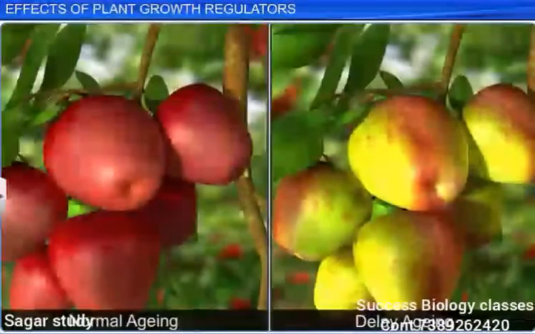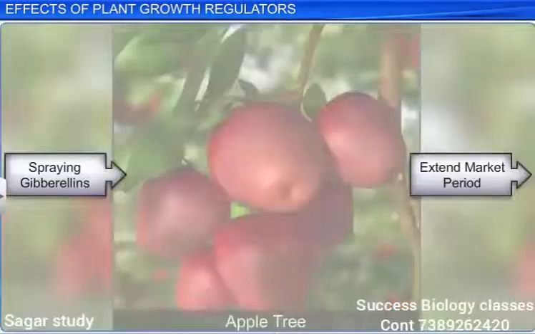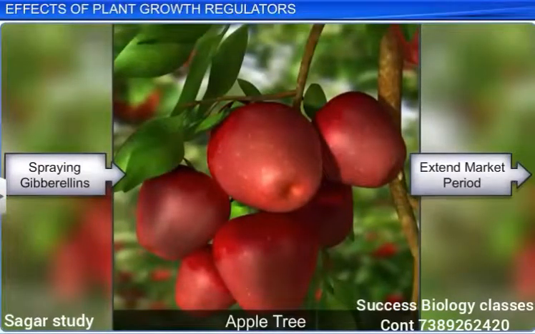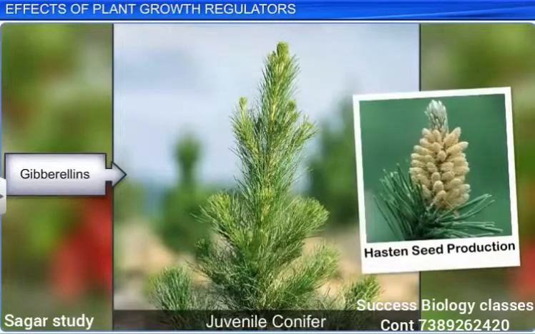They delay senescence or aging of fruit, and are hence used commercially to extend the market period by retaining fruit on trees longer. However, they also hasten the maturity of seeds, and hence are used to obtain early seed production from juvenile conifers.